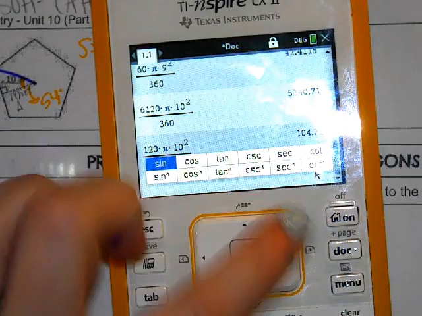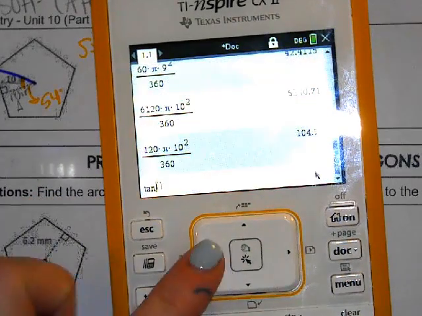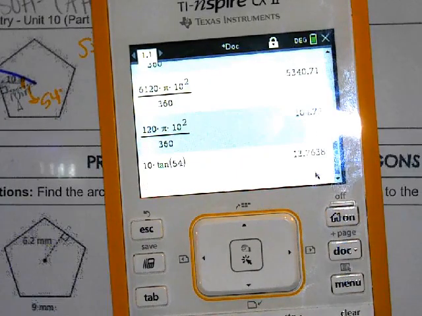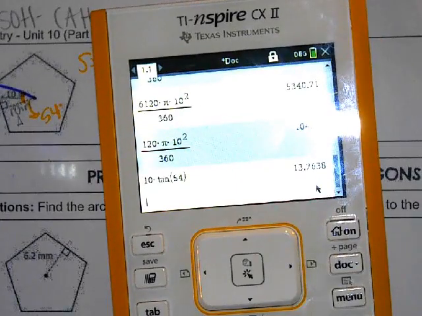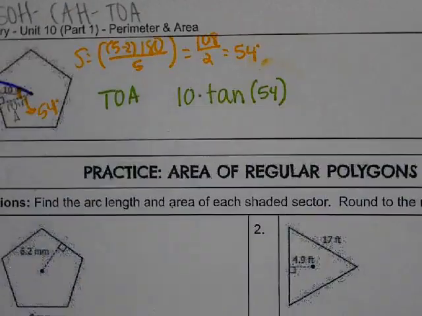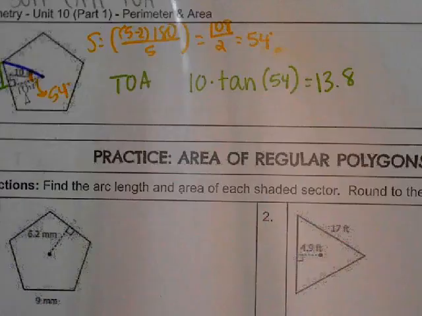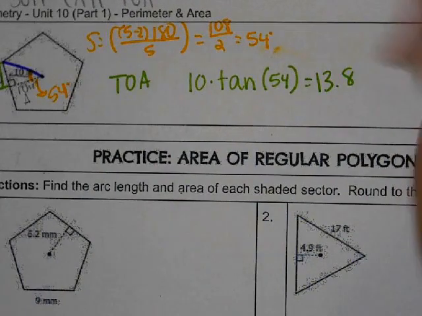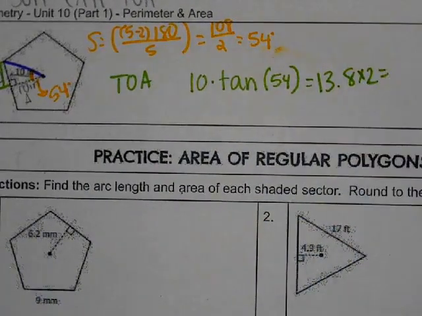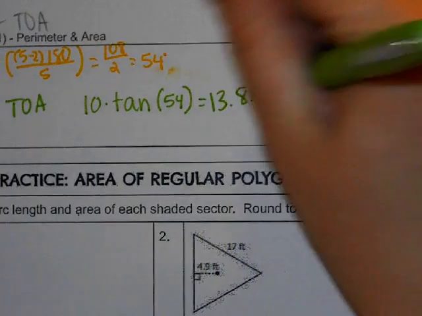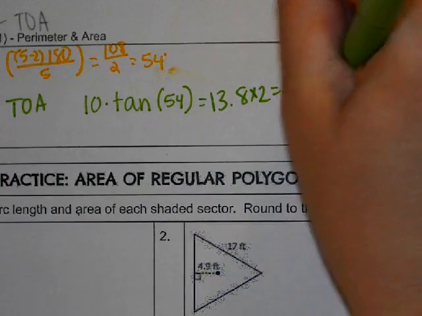So I've got 10 times the tangent of 54, which would give me 13.8. Now remember, that is only half of the side length that I need. So in order to find the whole thing, I'm going to multiply it by 2. 13.8 multiplied by 2 gives me 27.6 inches. So that means each of my sides is 27.6 inches.